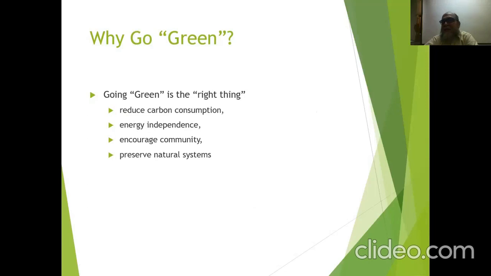So when I say green, I mean a reduced carbon consumption, sometimes we call this a carbon credit, energy independence, communities are encouraged, and we want to preserve the natural systems.